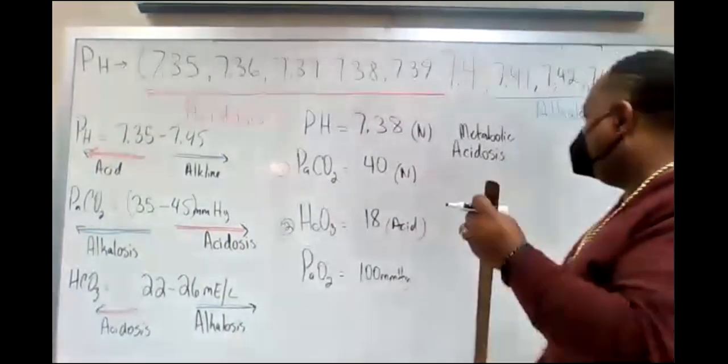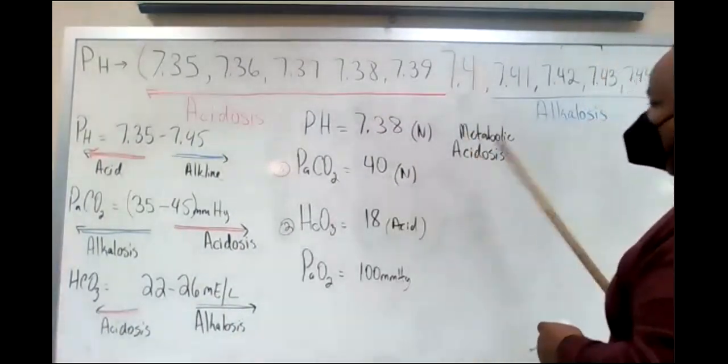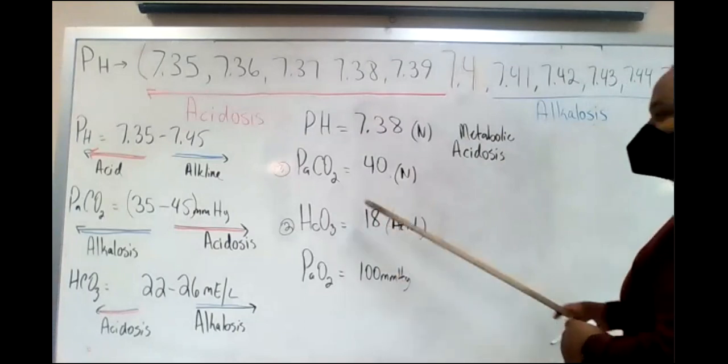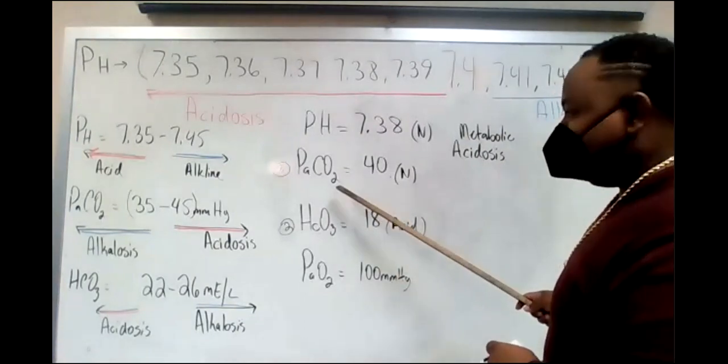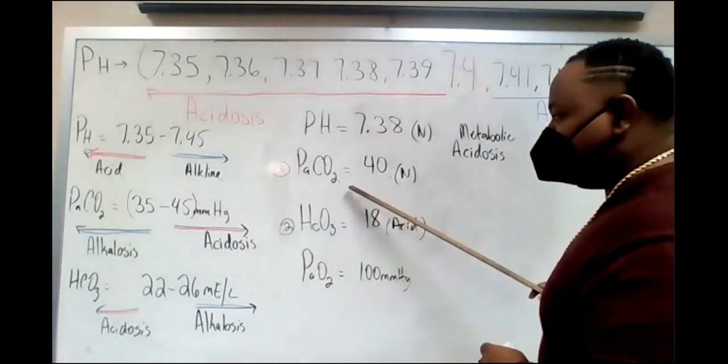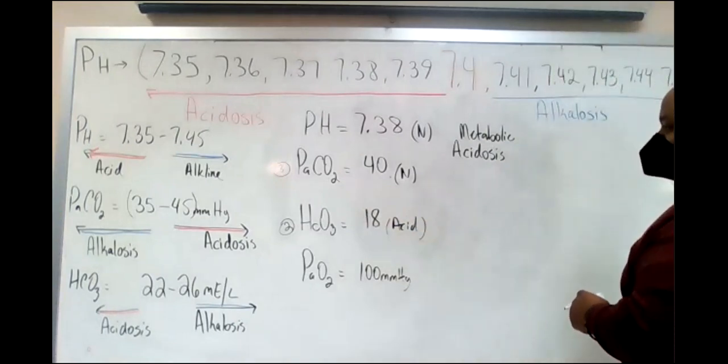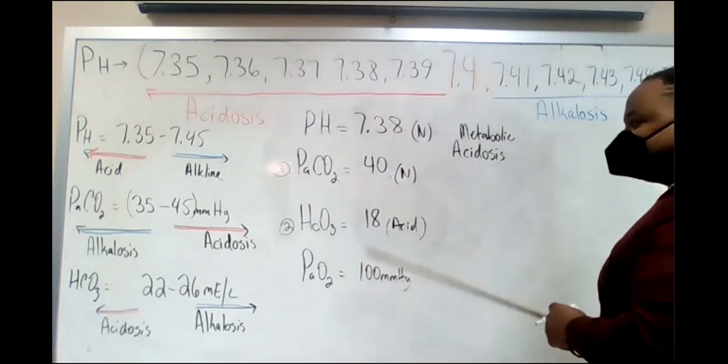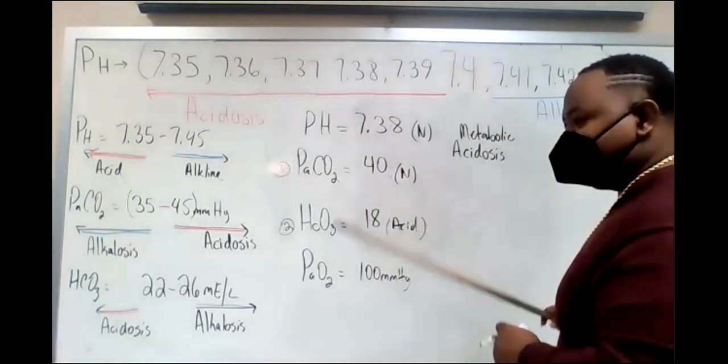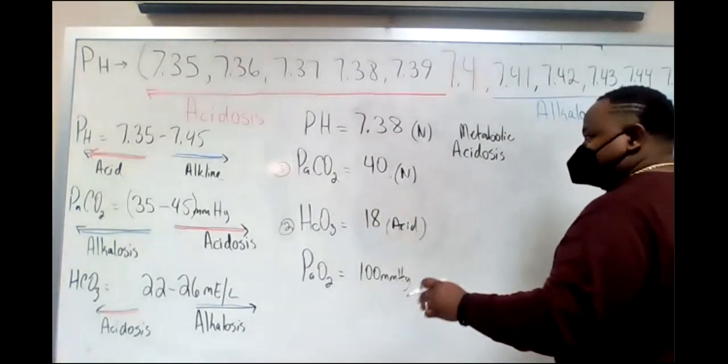All right. So we are in a metabolic acidosis. Now let's look at the third player. Courtney, is the third player in normal range? Yes. So since the third player is in normal range, there is no compensation, right?